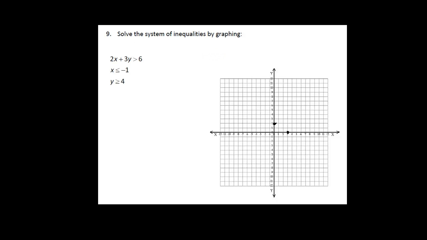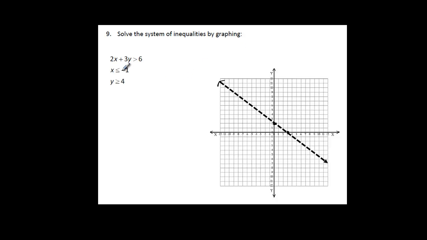It's a greater than sign, and we know it's going to be greater than because the y's sign is positive. That means we are going to be graphing above it. And because it's greater than, we're going to use a dotted line. So we'll remember to just shade above that.